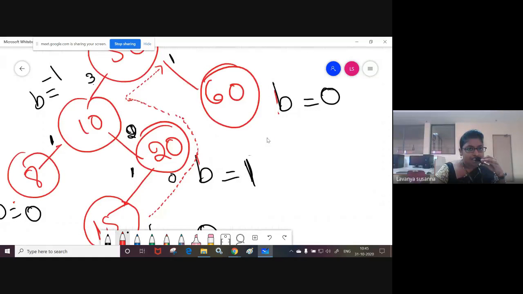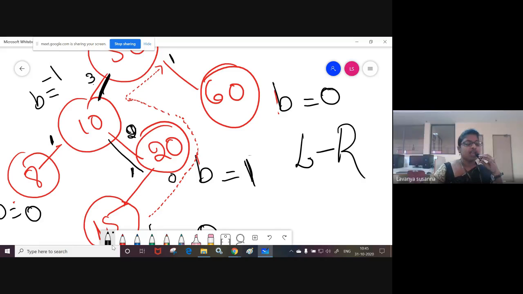Left and then right. Because of left-right, you need to apply LR rotation. From that node, you need to see which path is deeper. The left and right path is deeper. That means you need to apply LR.